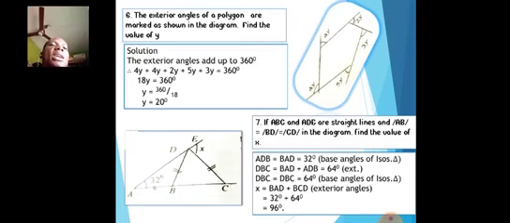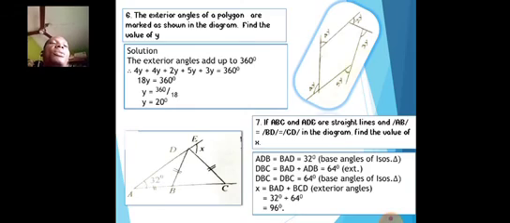So to find the x that we are looking for, it means that angle BAD plus angle BCD will give us the value of x. 32 plus 64 equals 96 degrees. So having been able to apply the theorems appropriately, we've been able to get the solutions to the questions that we have.